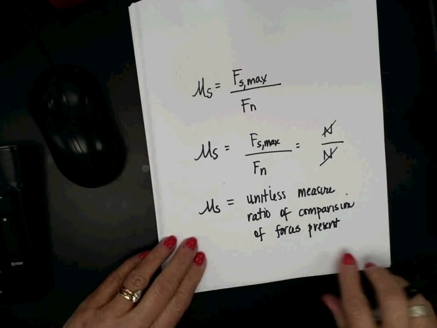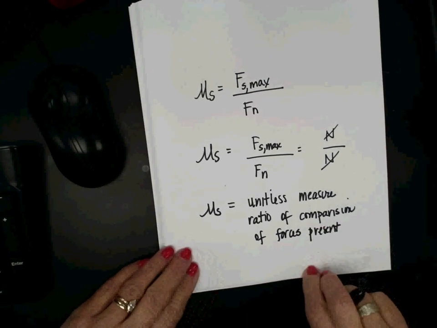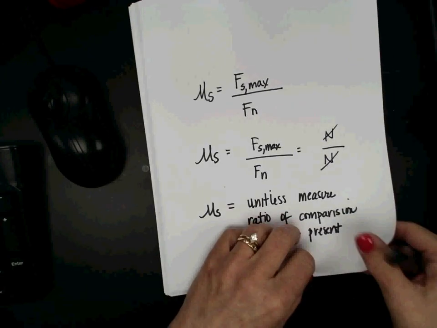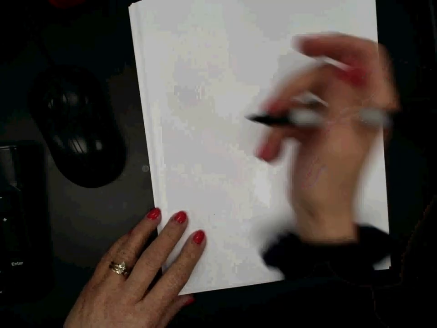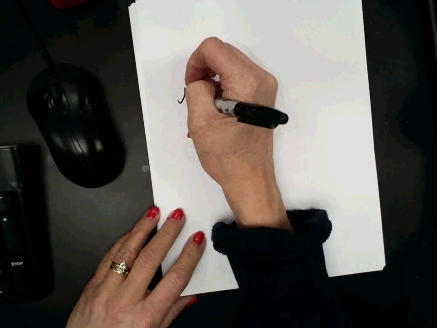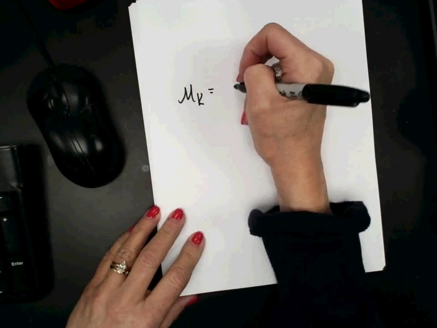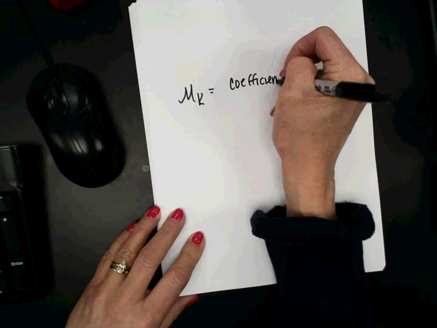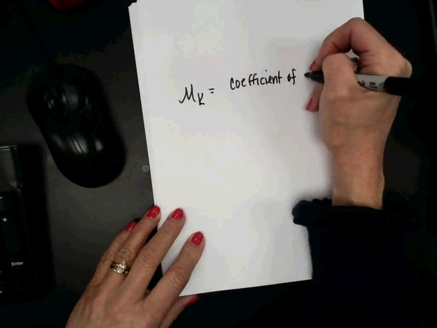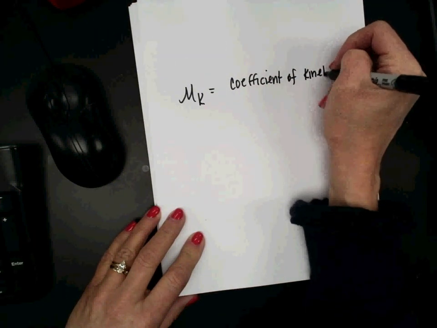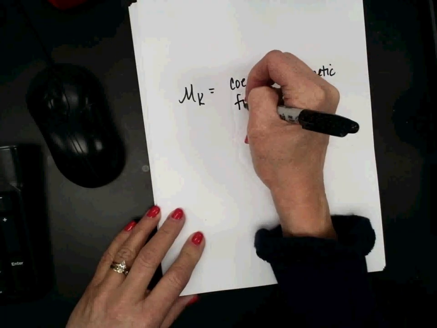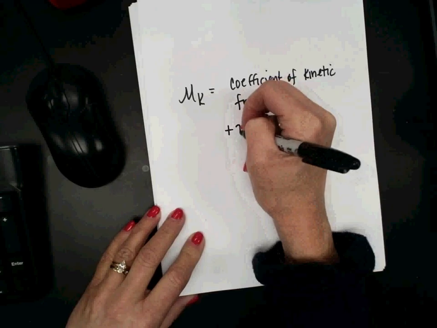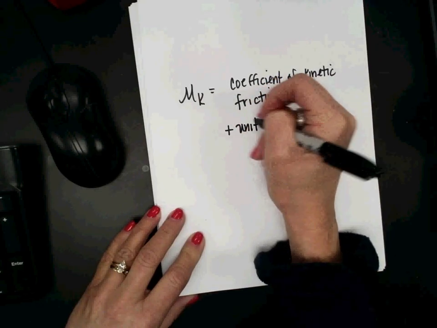So this is what happens when I have a stationary situation. Now, if I have a situation where my object is actually moving, then I have to think about what we call mu k, which equals the coefficient of kinetic friction. Again, it is unitless.